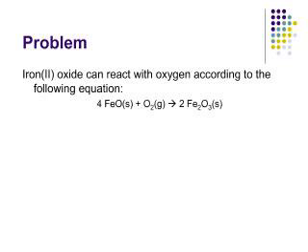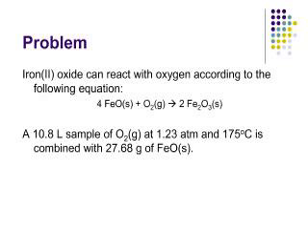So iron 2 oxide, FeO, can react with oxygen gas according to the following reaction to form iron 3 oxide, Fe2O3. Now in this particular reaction, there's only one product, so that simplifies things. Let's pretend we have a 10.8 liter sample of oxygen gas at 1.23 atmospheres and 175 degrees Celsius.